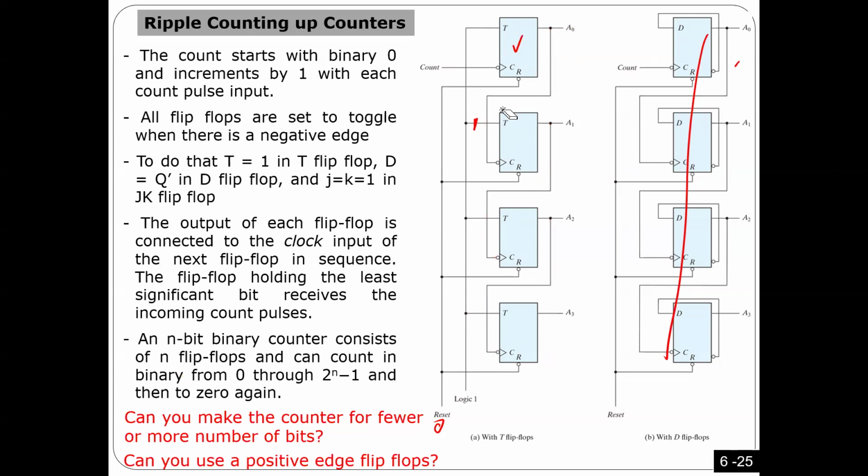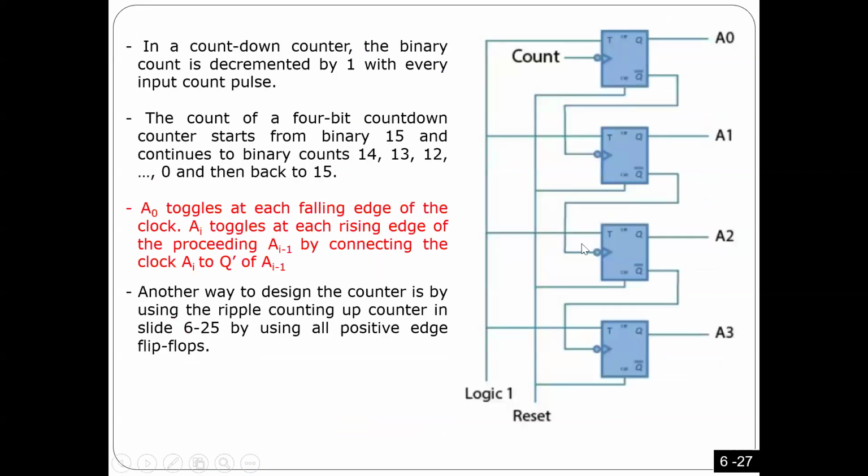But if you connect A node prime here, it's down; A1 prime here, it's down; A2 prime here, you can count down. Very easy. Any questions? So I'm connecting Q prime here, here and here to count down.